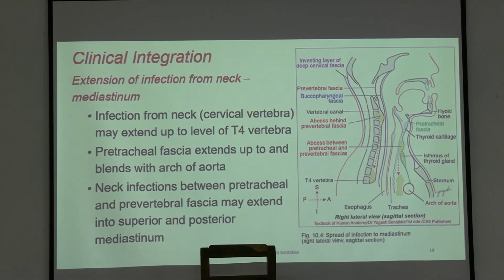So it can enter into the mediastinum. Similarly, here also any infection from the thyroid or in front in the neck region, it can enter into the mediastinal structures, and ultimately it will cause mediastinitis.